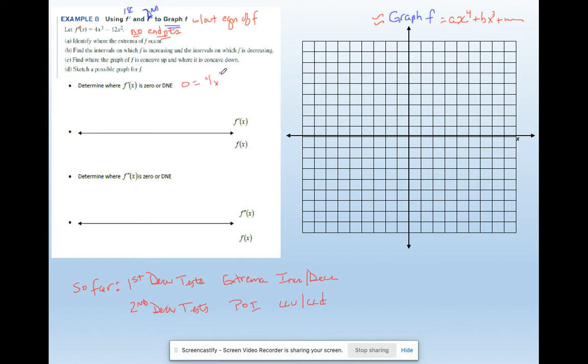Write down the first derivative. Factor it. Make your suspects, put them on a list, put them on the lineup.